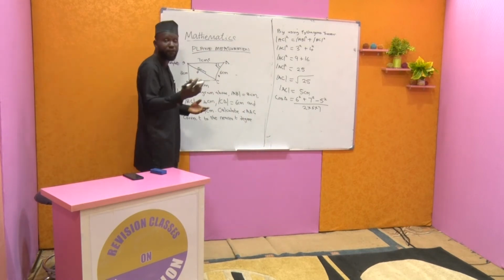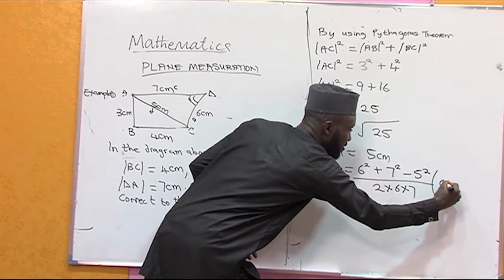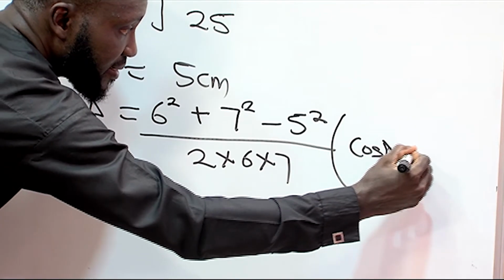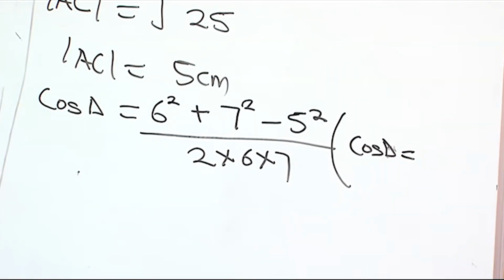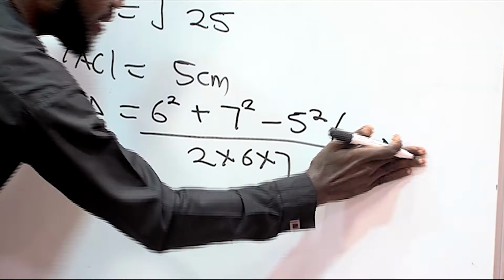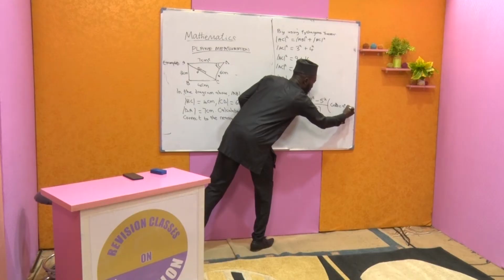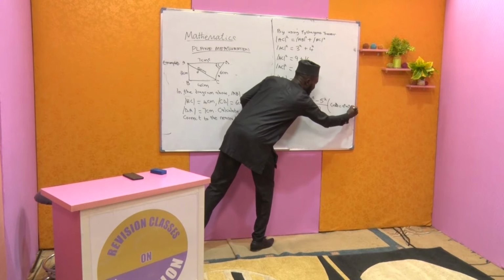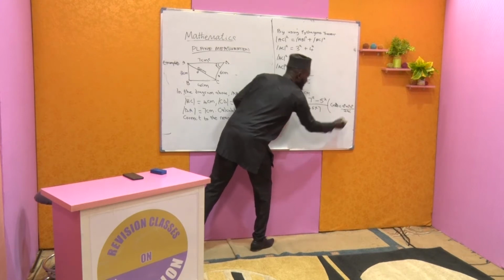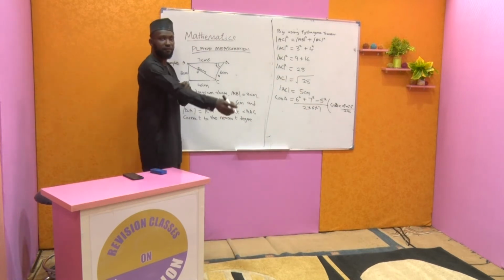The general formula for the cosine rule is cos D equals A square plus C square minus D square over 2AC. And that is what I just used to get this information.